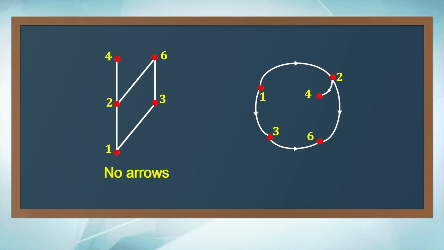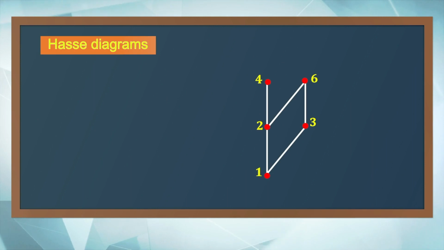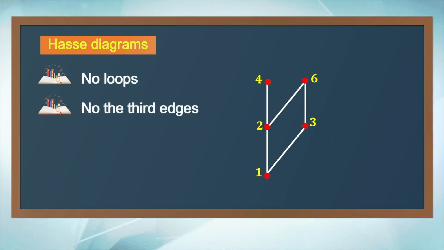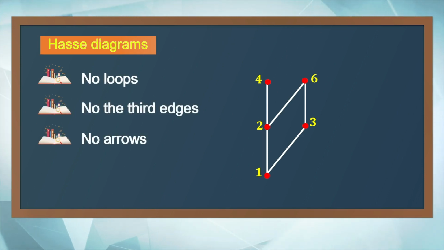No arrows. All edges are pointed upward. (1,2), (1,3), (2,4), (2,6), (3,6). This is the Hasse diagram of this poset. No loops, no transitive edges, no arrows.